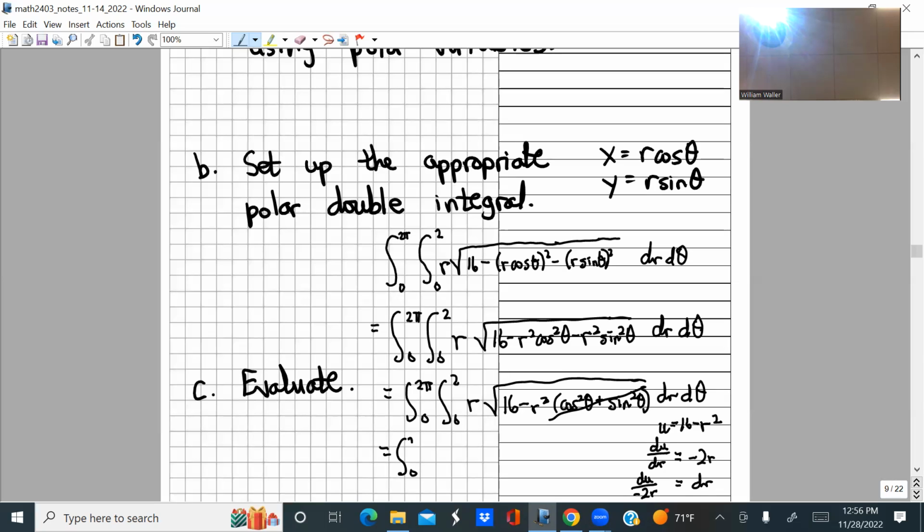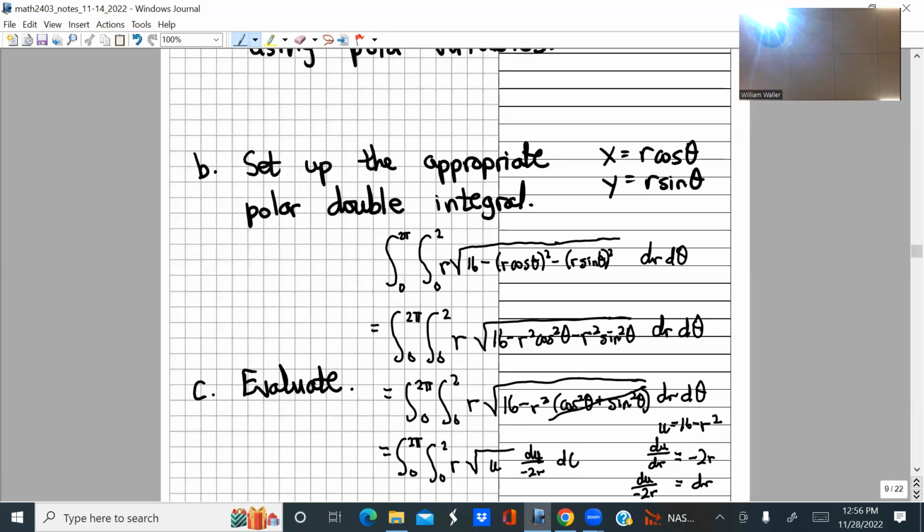I'm not going to bother to change my limits of integration because I'm going to undo this substitution in a moment. We are going to switch back to r eventually here, so it's not worth the trouble to try to fix the limits of integration. So I get r times what? The square root of this is u, and then dr is du over minus 2r.